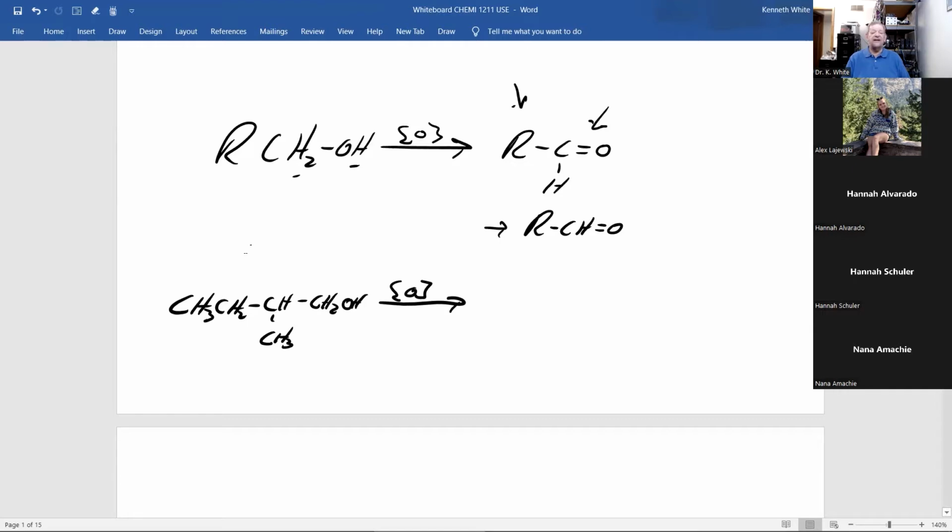And that's what that means. I'm using that instead of making you memorize all the different oxidizing agents, because it makes your life a little easier. Your turn. Give the organic product or products of the following.